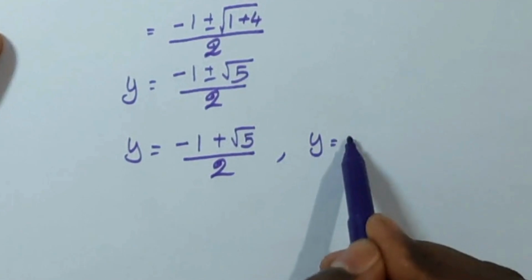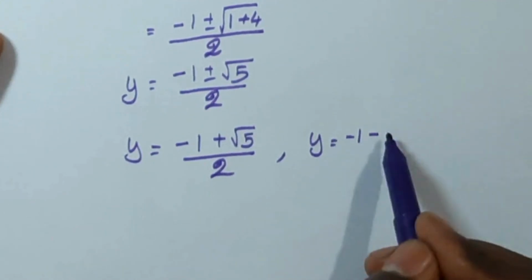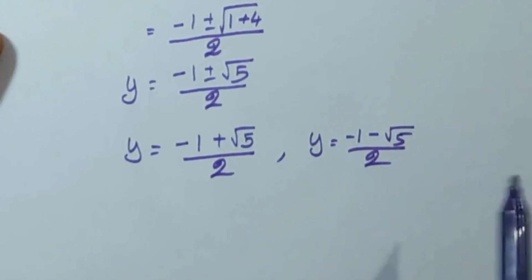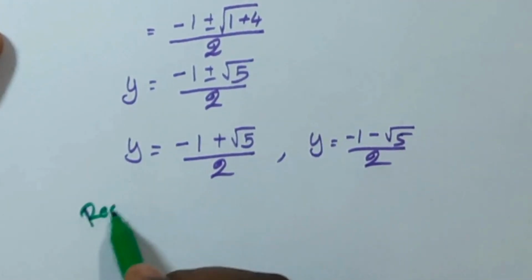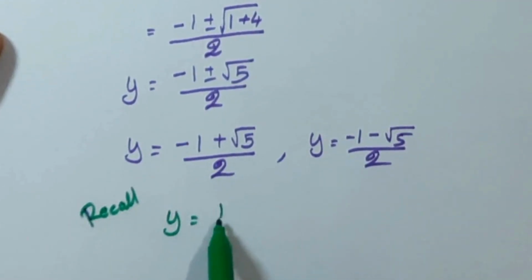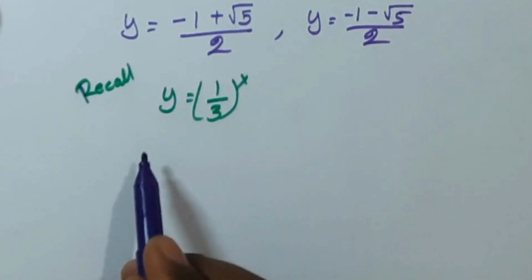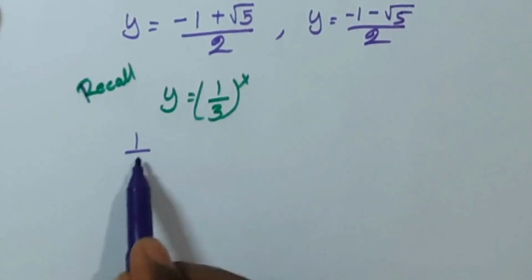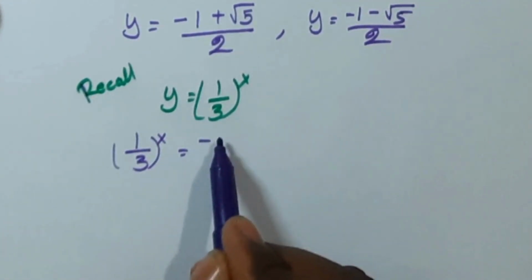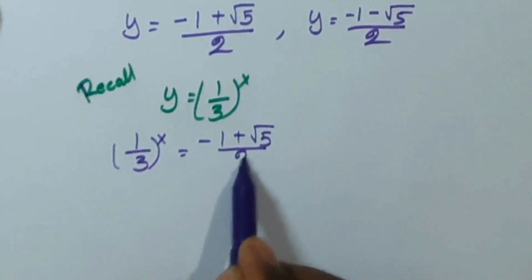Y equal to minus 1 minus square root of 5 by 2. Recall y equal to 1 by 3 whole power x. So here 1 by 3 whole power x equal to minus 1 plus square root of 5 by 2.